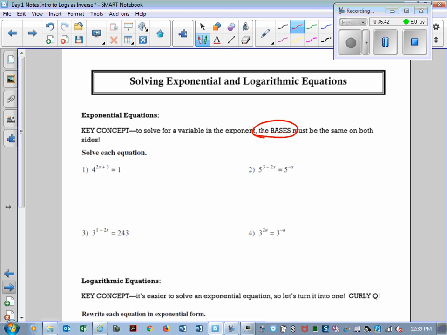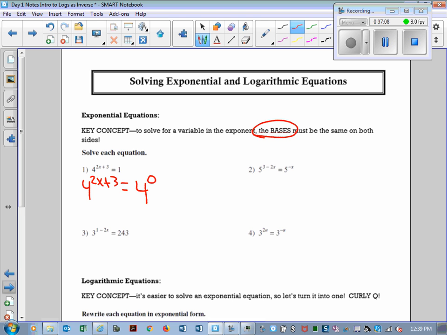Well, I have a base of 4, right? So I have to rewrite 1. This is 4 to the 2x plus 3 equals 4 to what power? 1 equals 4 to what power? 0. We okay? Anything to the 0 power equals 1, right?